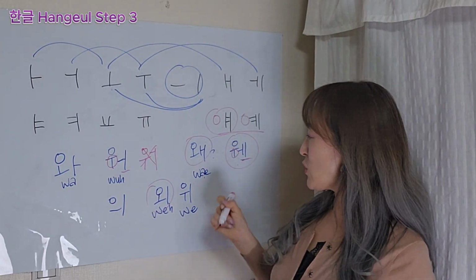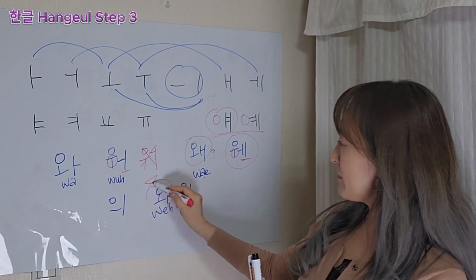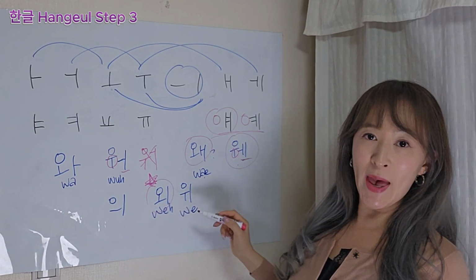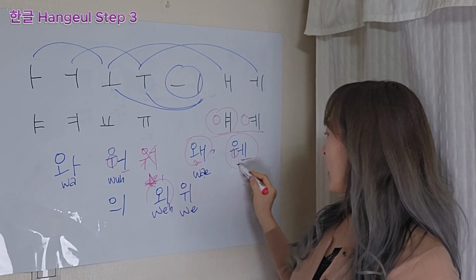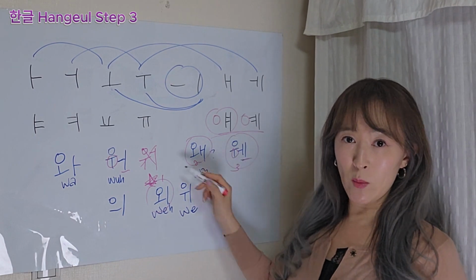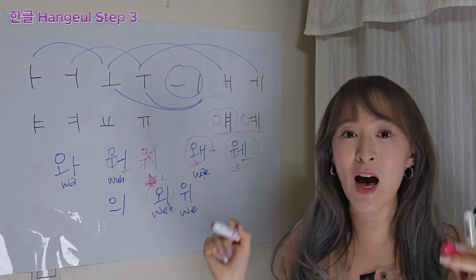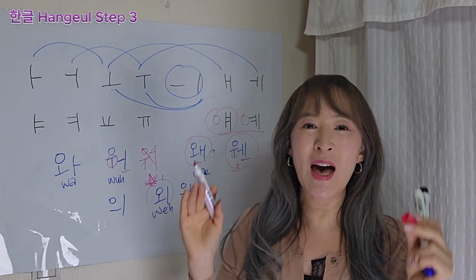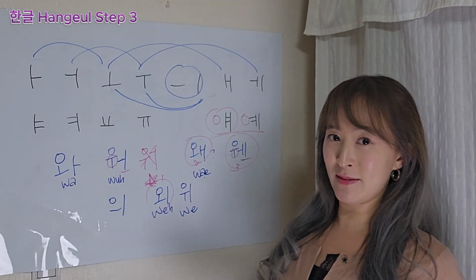And just the last one, this one here, it was not oi, right? It was we. So I think it's easier if you just remember this 1, 2, 3, same pronunciation, the same way, right? We, right? Okay, now that clears our vowels completely. Done. So you have finally mastered the Hangeul vowels.